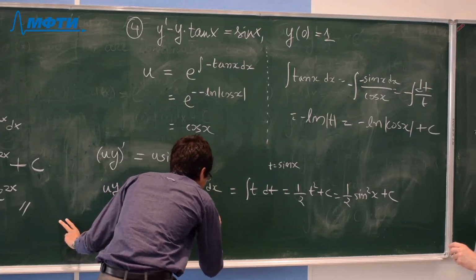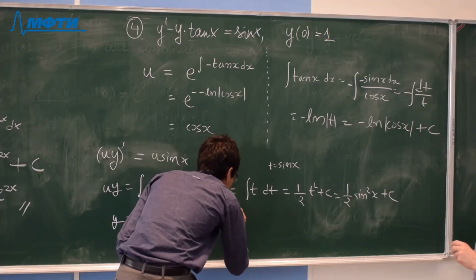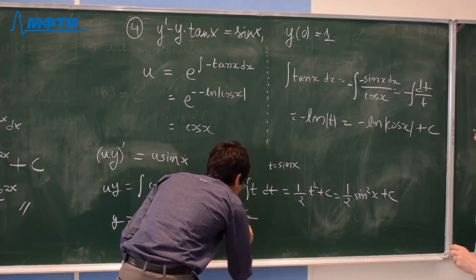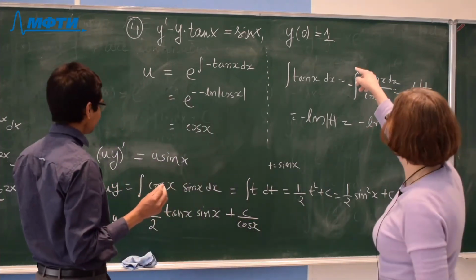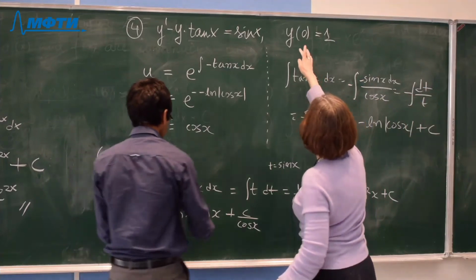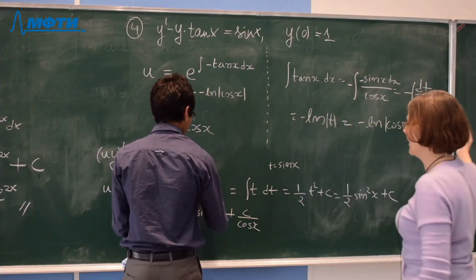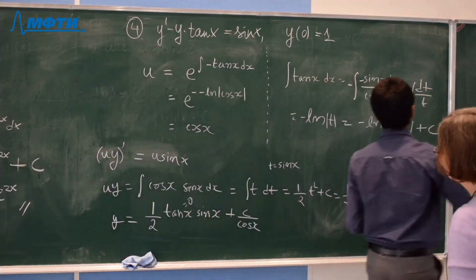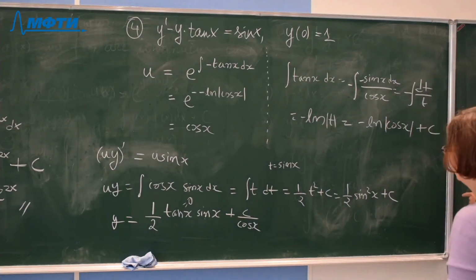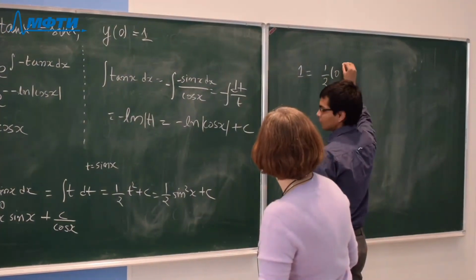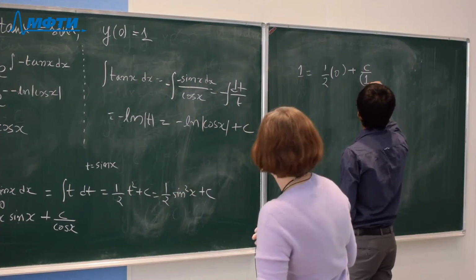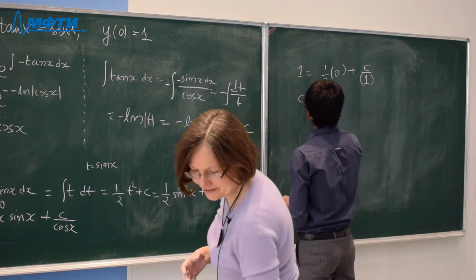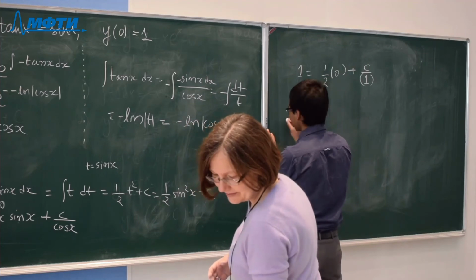Tan x times sin x, right? Plus c over cos x. And next, the initial condition y of 0 equals 1. So you may use that part. It's 0. y is 1, equal to half times 0 plus c divided by 1. Okay, c is equal to 1. The equation is right.